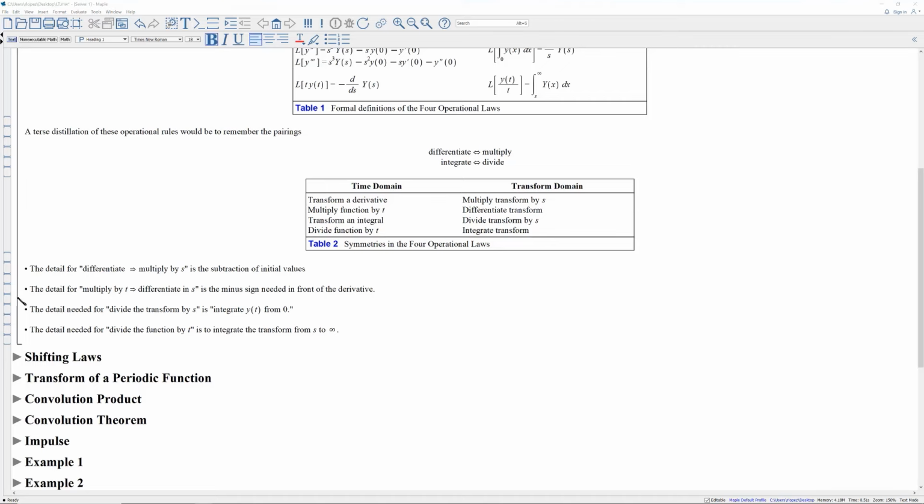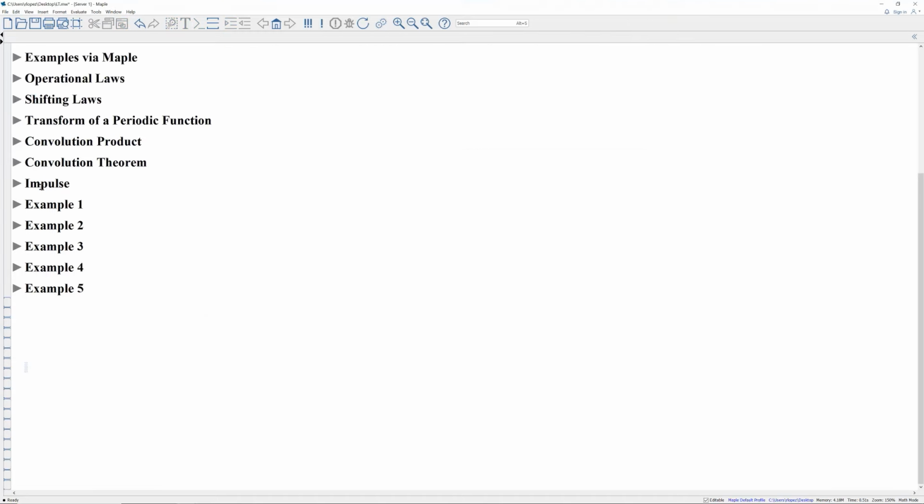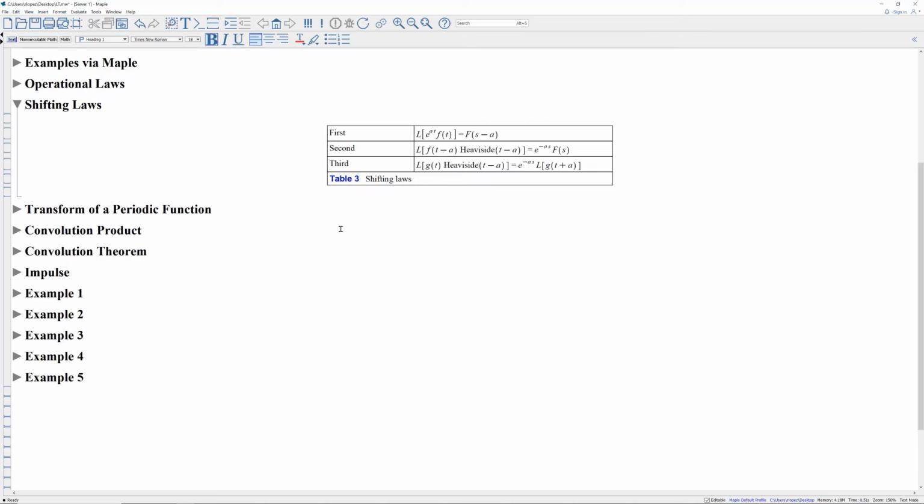Now, in addition to these operational laws, there are the shifting laws. Some books say first and second, some books say first, second, and third. What's the first shifting law? If you multiply by an exponential, you shift in the transform domain.